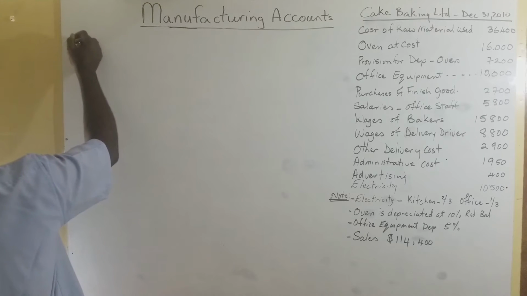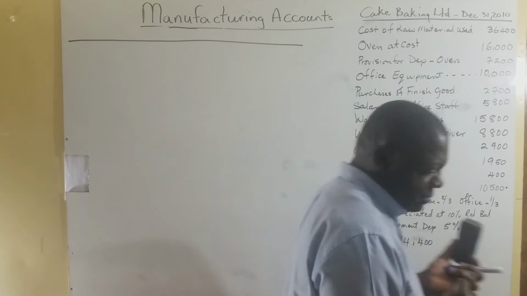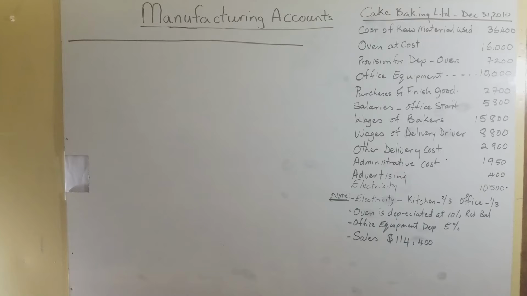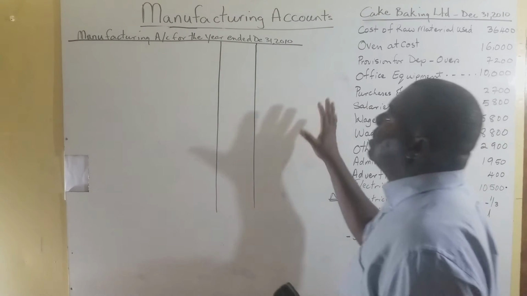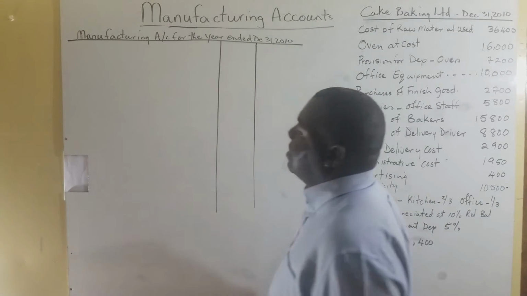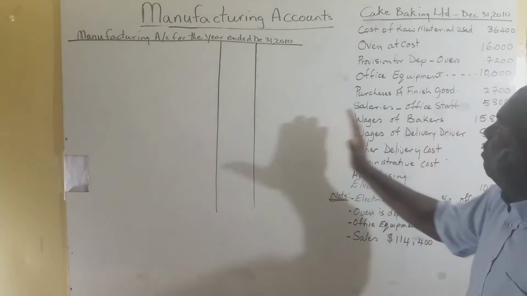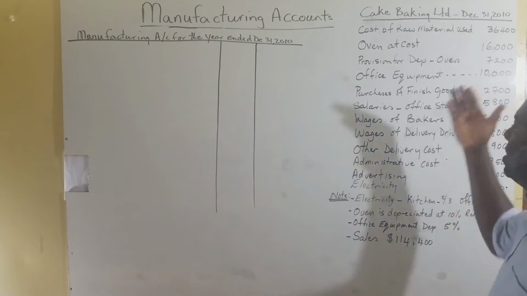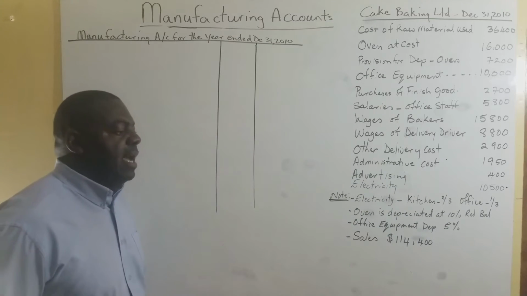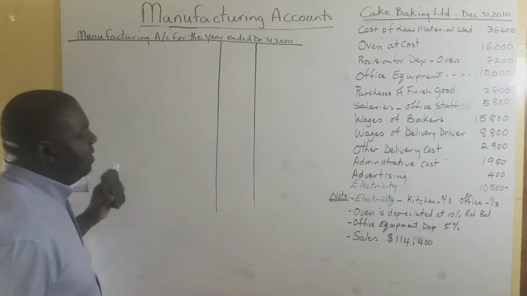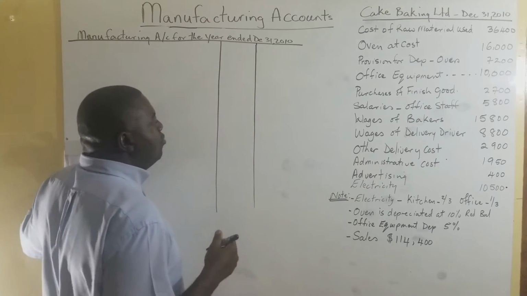All right, so we're going to be ruling up for the manufacturing account. So now that we have ruled up the manufacturing account, we're going to be proceeding to transfer information from this question to the manufacturing account. I said in our last lesson that in dealing with the manufacturing account, there are at least three elements, three areas, that you would be required to do.